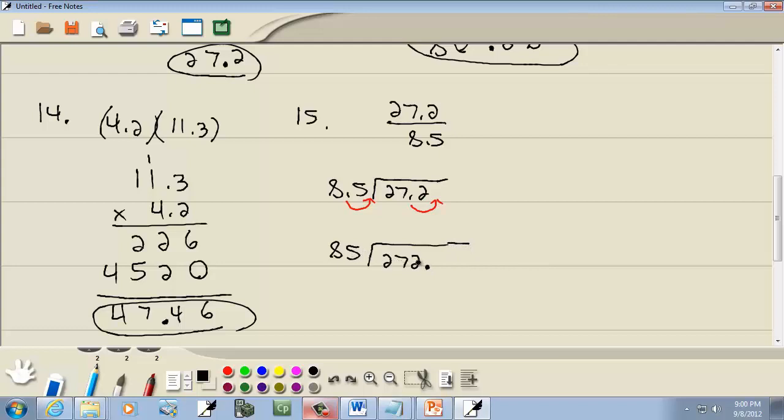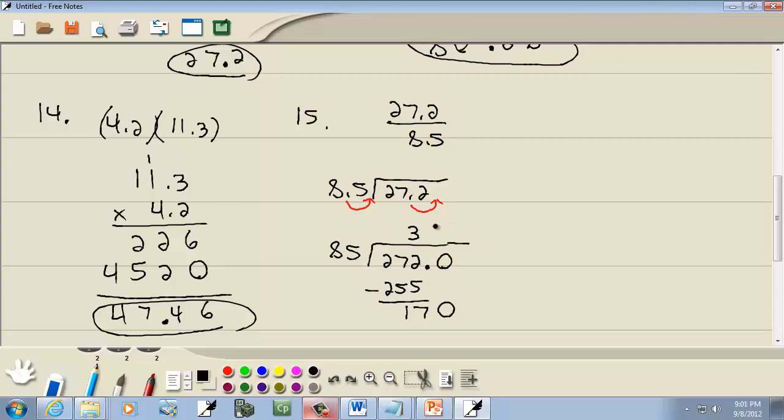Now 85 doesn't go into 2, doesn't go into 7, but it does go into 272. I think 3 times. 3 times 5 is 15, carry the 1. 3 times 8 is 24, plus 1 is 25. I'm going to subtract those. That gives me 17, I think. 65, 72, yeah. Okay, now I need to add a 0 here, and then put a 0 down here.